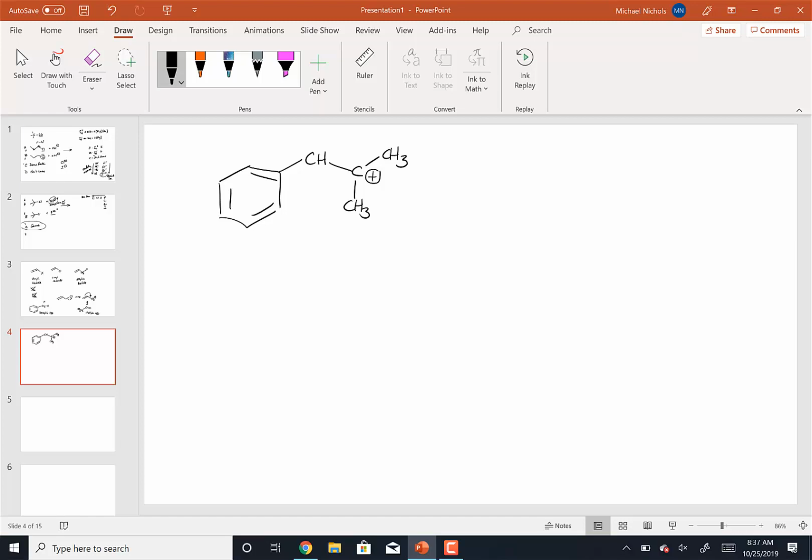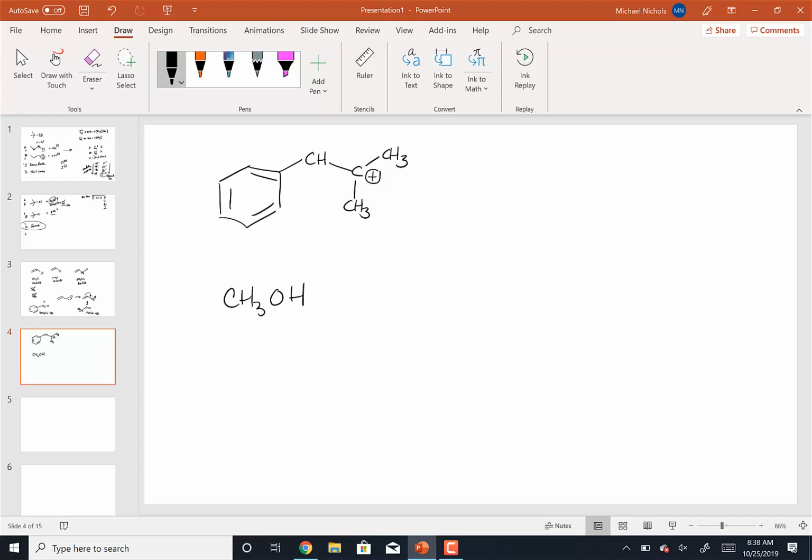Okay. Has everybody taken a look at the solvent effects in the book or watched the video? All right, I feel obligated to test that. So, CH3OH.